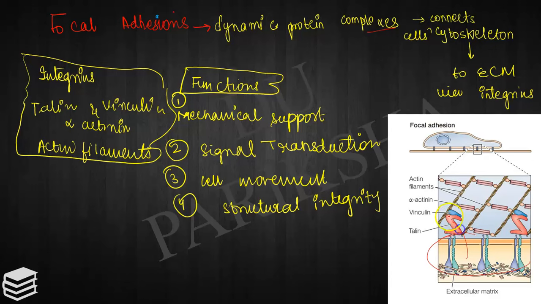This is talin protein and this is vinculin protein, which connect what? They link the integrin here to the actin filaments. These are actin filaments. Then we have alpha actinin. This is alpha actinin. What is it responsible for? It cross-links between actin filaments and stabilizes them. Then we have actin filaments. This is actin filament.